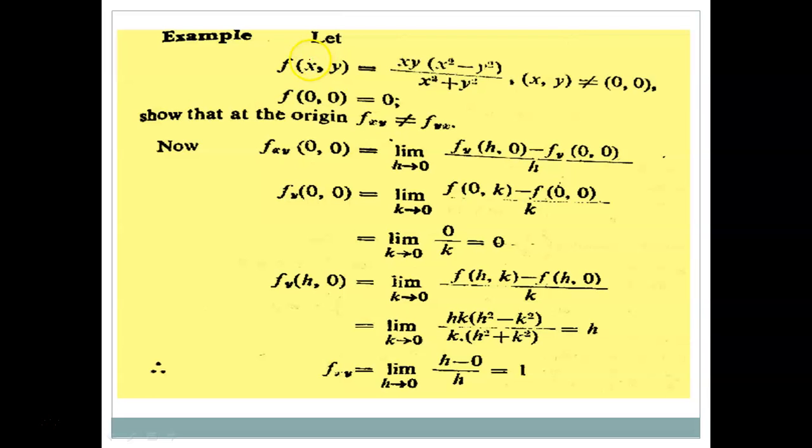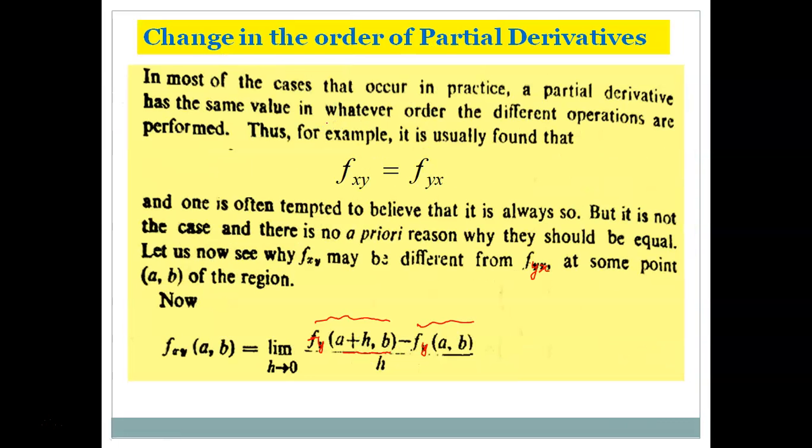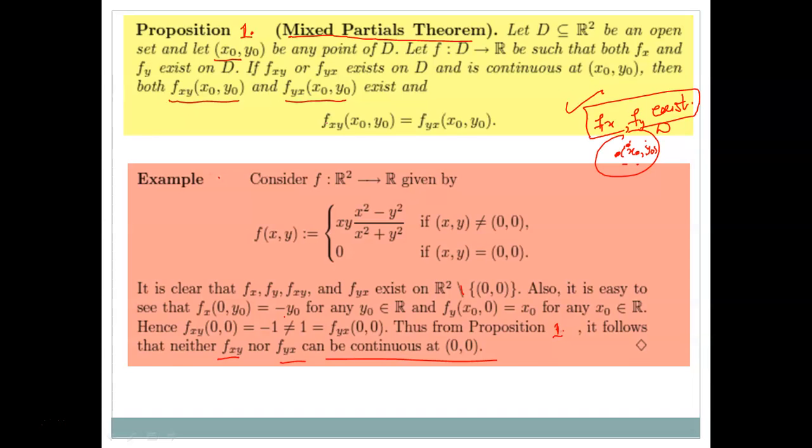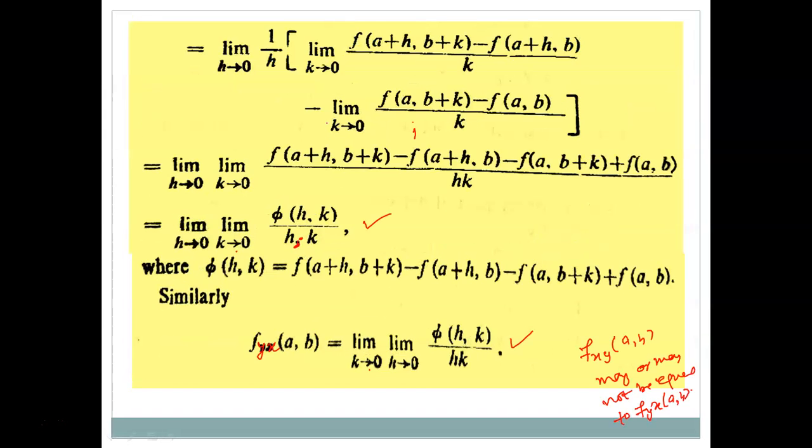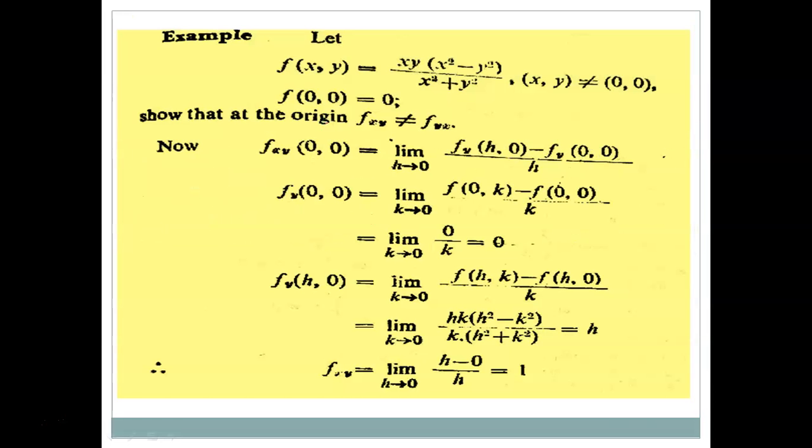Next example, suppose you take f(x, y) equal to this quantity when (x, y) is not equal to (0, 0), and this is equal to 0 when (x, y) is (0, 0). So here we find, in fact this is the same example, yeah, this one, this is the same example. So here is another way you can see the proof of this.